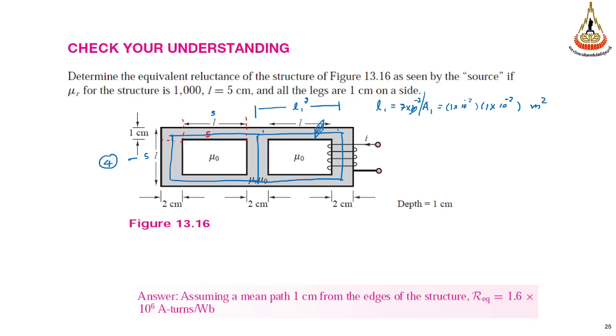You can get all the reluctances, and once you get these reluctances, you may sum these three reluctances together.